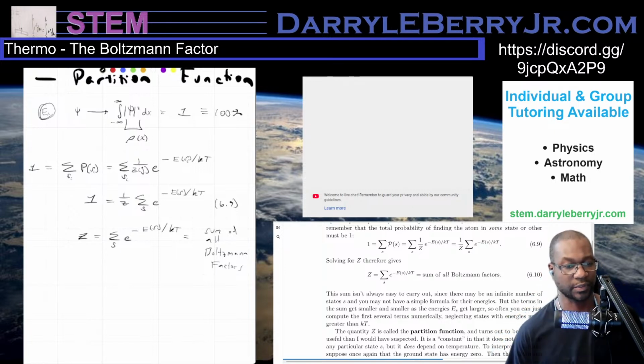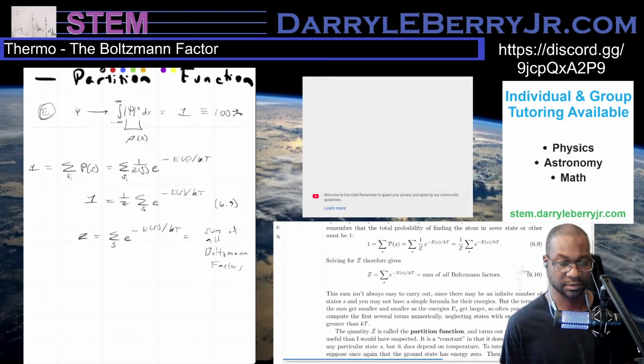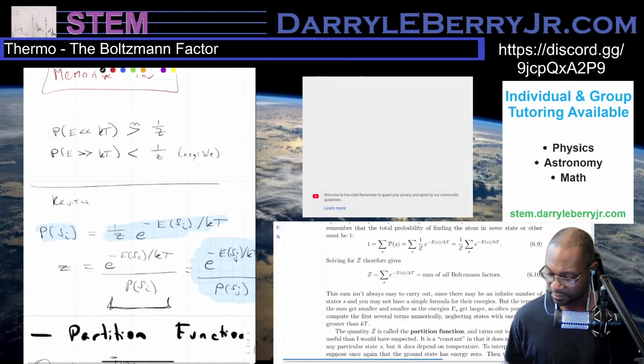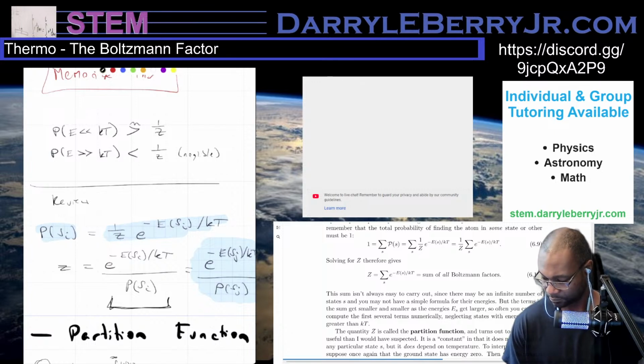So Z is the sum of all Boltzmann factors. It is quite interesting, because basically Z encompasses all the other states.